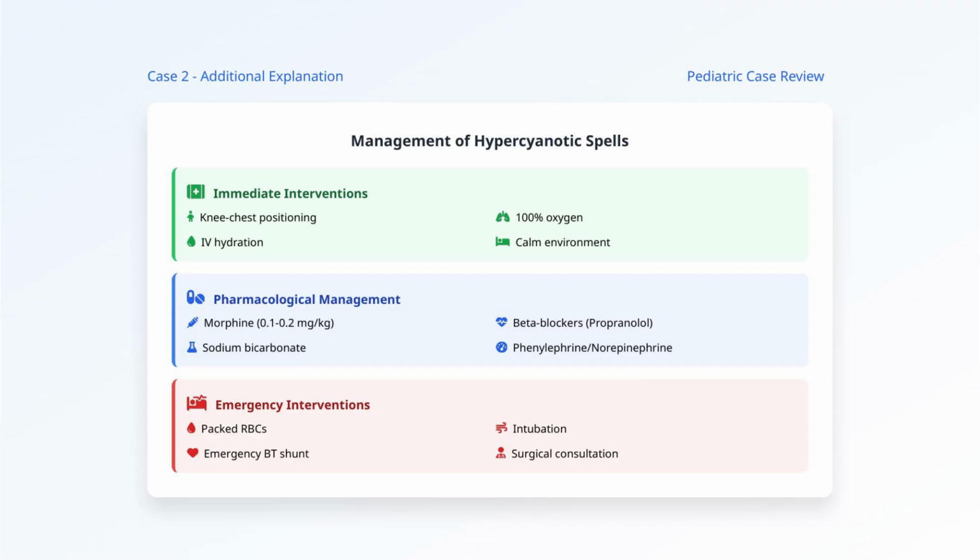Beta blockers like propranolol help relax infundibular muscle. Metabolic acidosis should be corrected with sodium bicarbonate. If these measures fail, vasopressors like phenylephrine or norepinephrine can increase systemic vascular resistance. In severe cases, emergency interventions may include packed red blood cells, intubation, and emergency surgical creation of a Blalock-Taussig shunt.